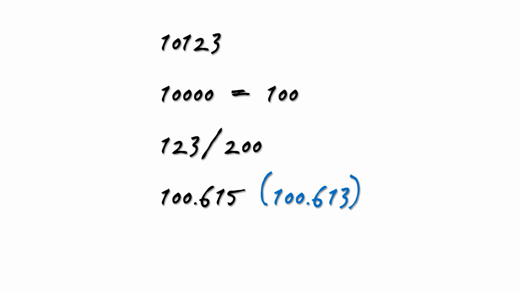So there's our final answer, 100.615. What does the calculator say? 100.613. Very close for an estimation of the square root of 10,123. That's pretty good, I'd say. So there you go. That is how to get an accurate estimation of the square root of a number.